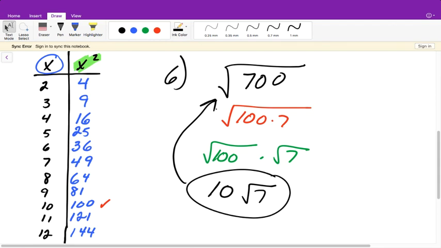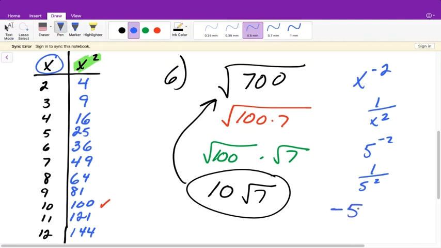You guys seem to, when you learn new rules, apply them in ways that aren't real. For instance, when we learned x to the negative 2 is equal to 1 over x squared, or 5 to the negative 2 is equal to 1 over 5 squared, what you guys started to do in your last test is, if I gave you negative 5, you started writing it as 1 over 5.